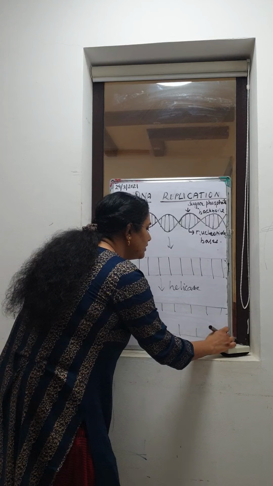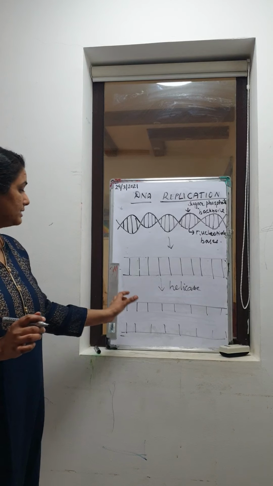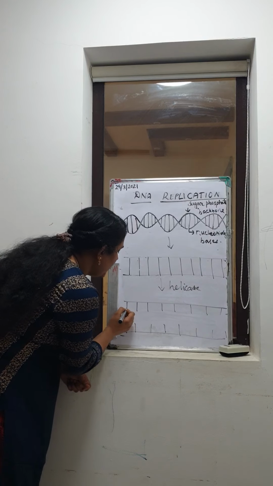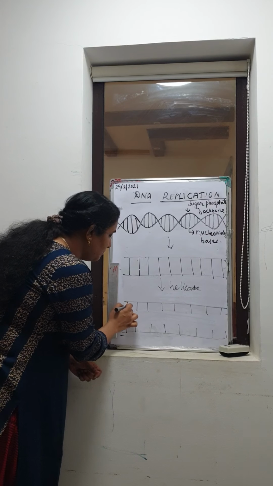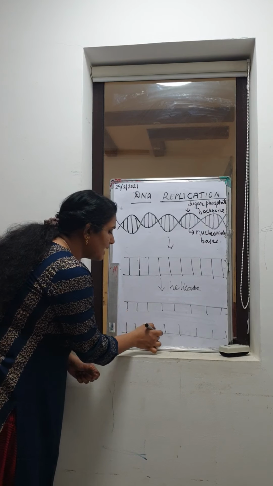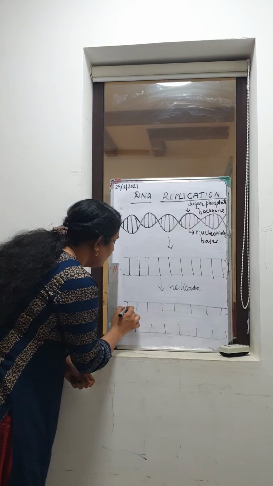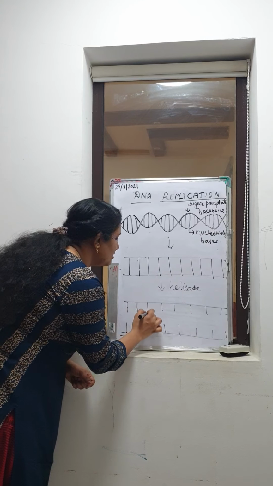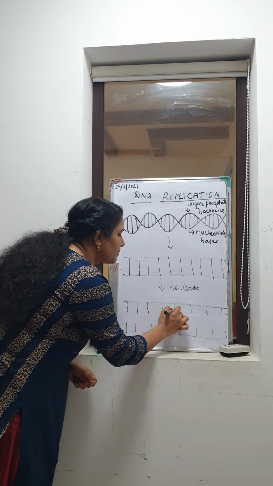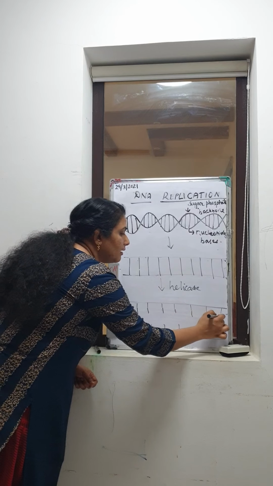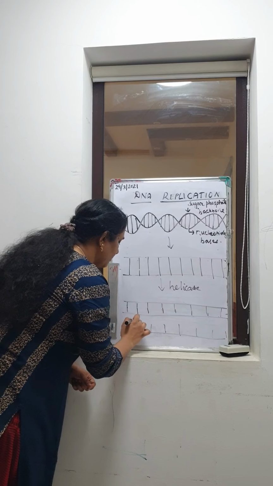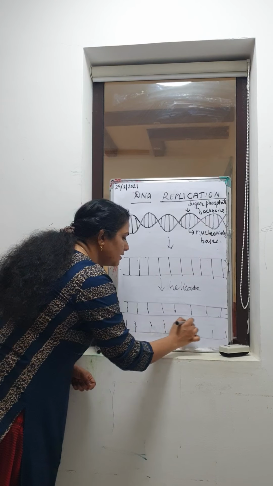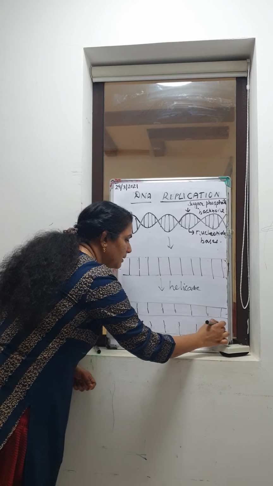And now, how the new DNA is formed is, the base complementary to the base present on the template strand, we call these strands template strands, is added to the present bases, and then the new DNA molecule is formed. Okay, this is the basic process of replication.